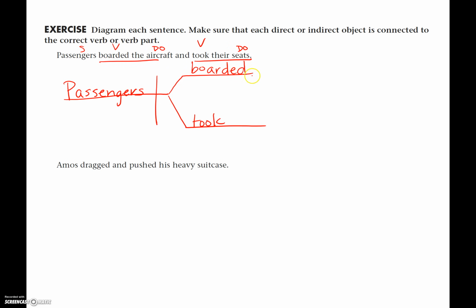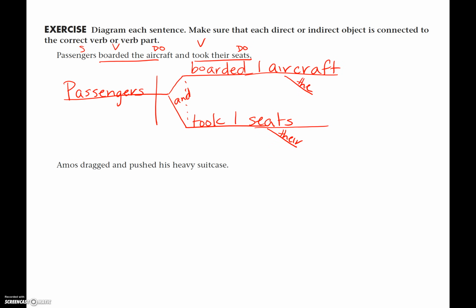So that's two separate direct objects. So we're going to continue these on and have the half line on the split between the verb and the direct object. So on the top one we have aircraft, on the bottom one we have seats, and then we go back and add in our conjunction along with our adjectives the and their.